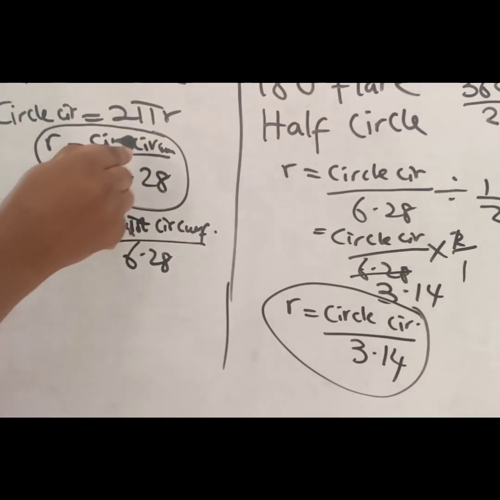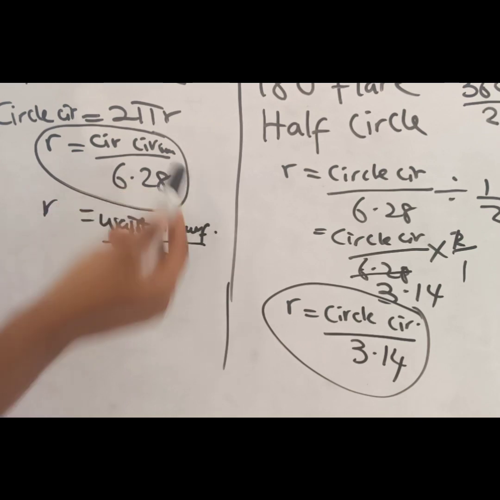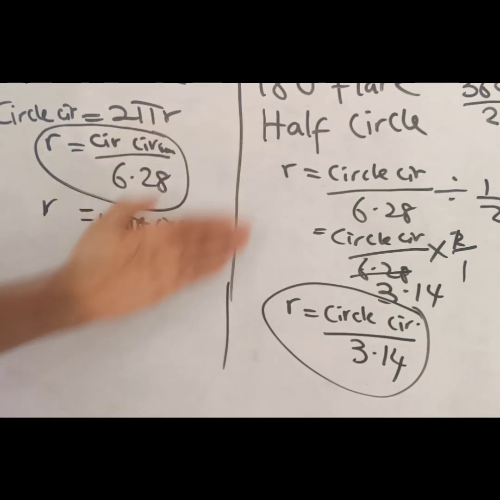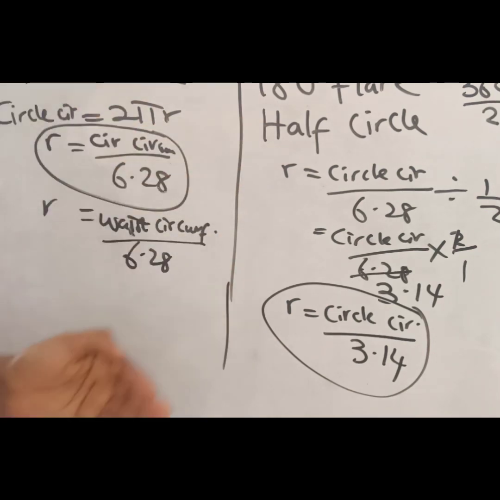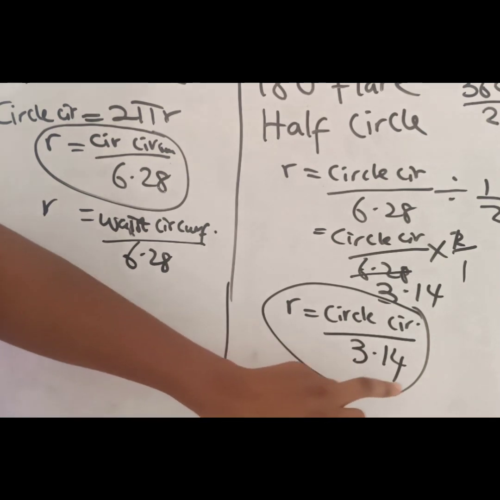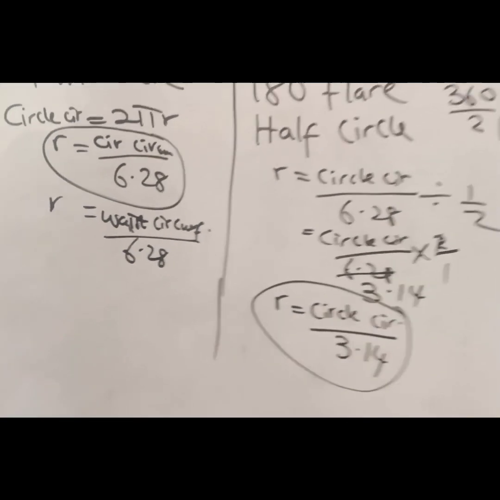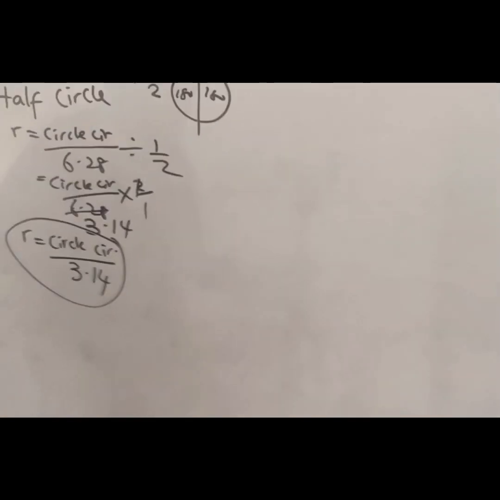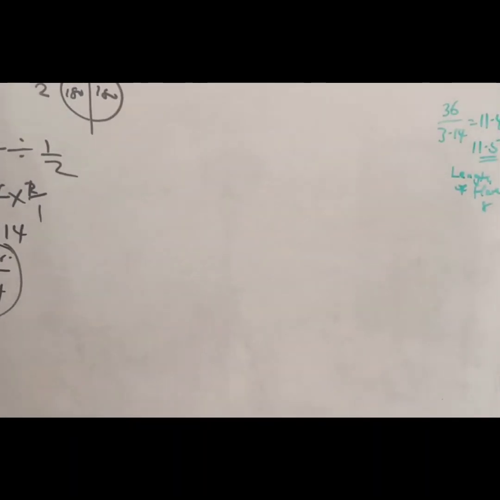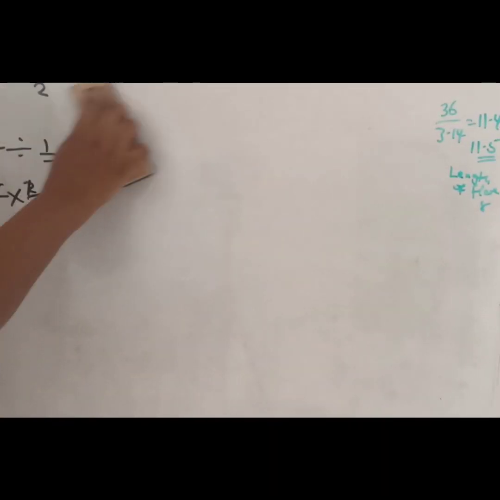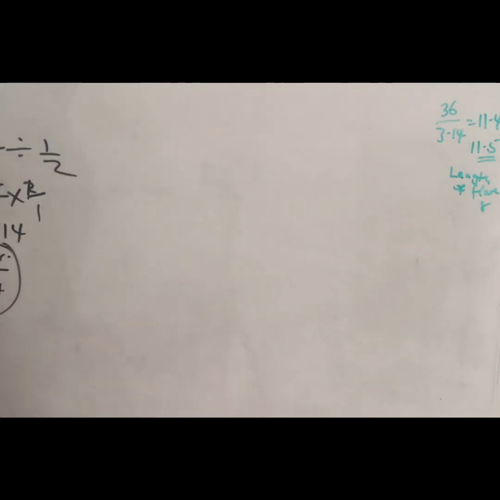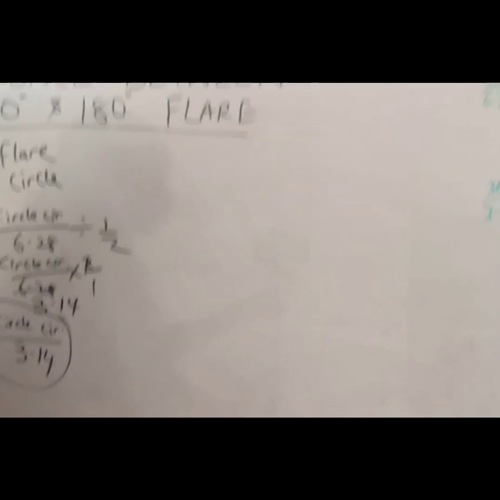That means we'll be dividing the waist circumference by 6.28. And then if it is a half circle that I want to cut, we'll be dividing the waist circumference by 3.14. So let's look at how the radius will differ. Both of them cannot have the same radius. So let's look at an example.